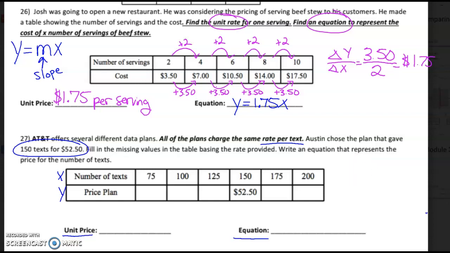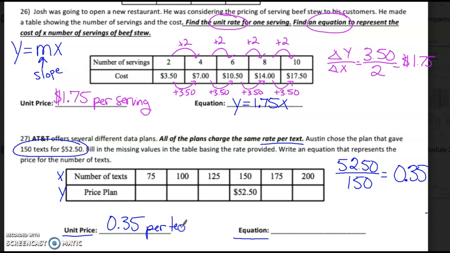We know he is paying $52.50 for 150 texts. When we figure that out, each text equals 35 cents. So our unit rate is 35 cents per text.